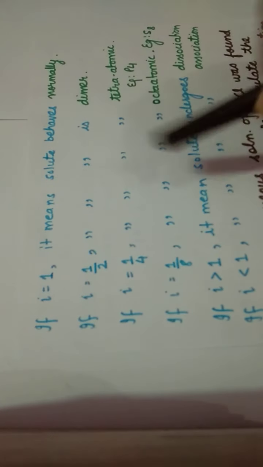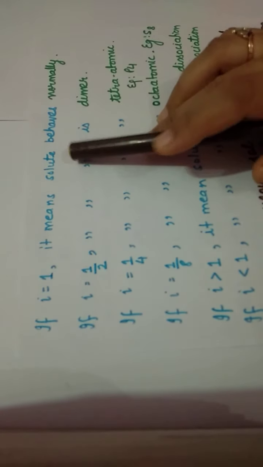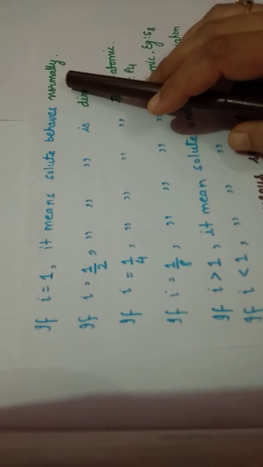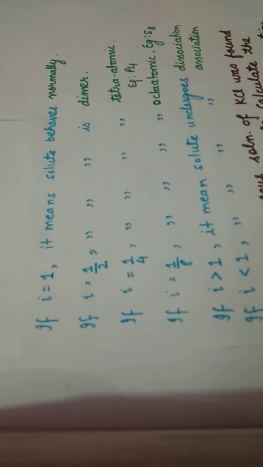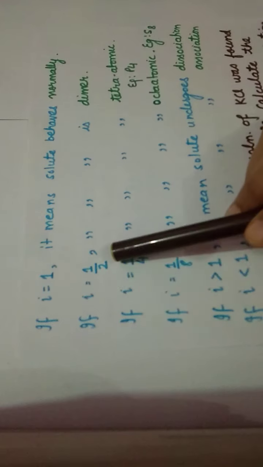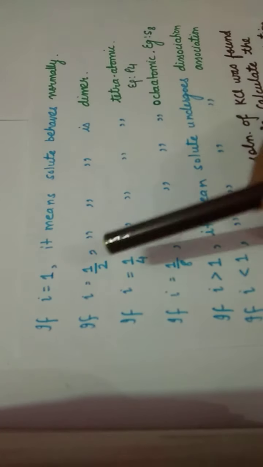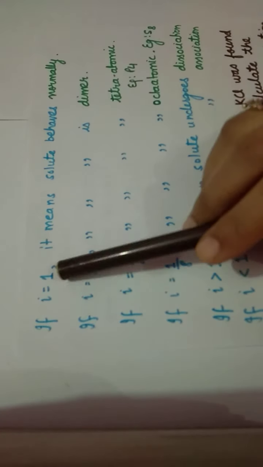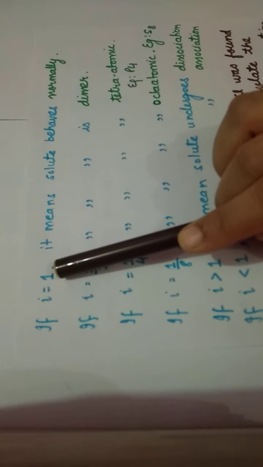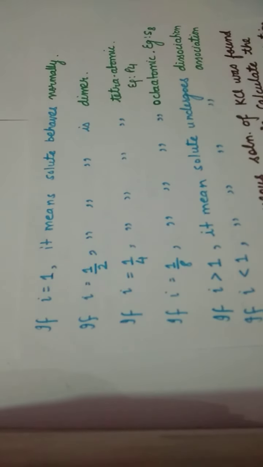Now if i is equal to 1, it means the solute behaves normally. If the value of i comes out to be 1 upon 2, then it means the solute is a dimer. Children, if the value of i comes out to be 1, then you can say that the solute is behaving normally.